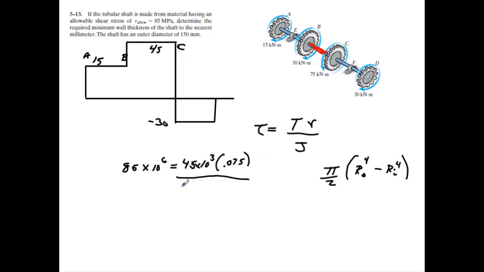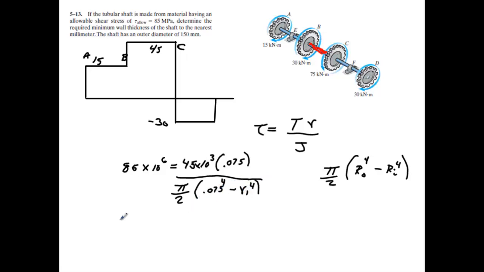So we'll put in what we know. The outer radius we said was 0.075. And we're going to just solve for the inner radius to the 4th power.